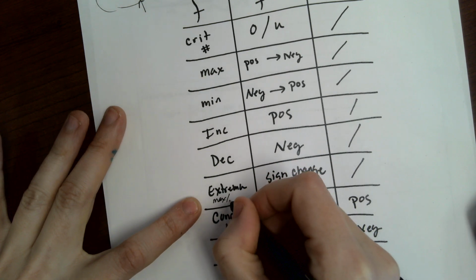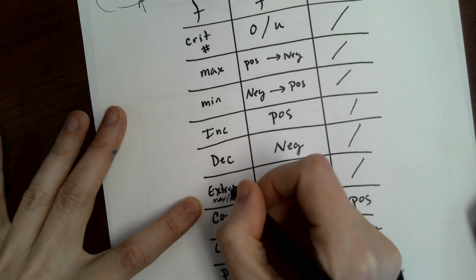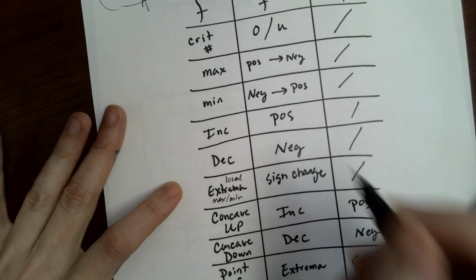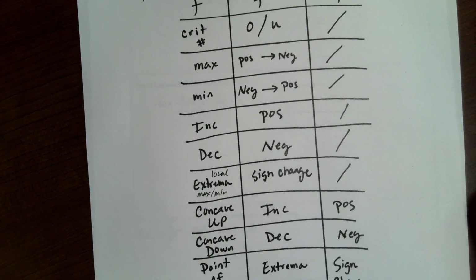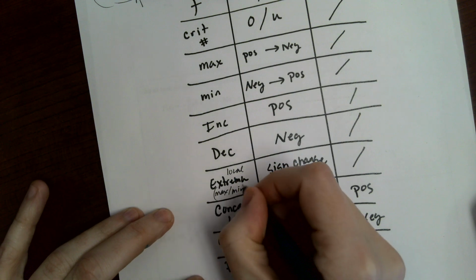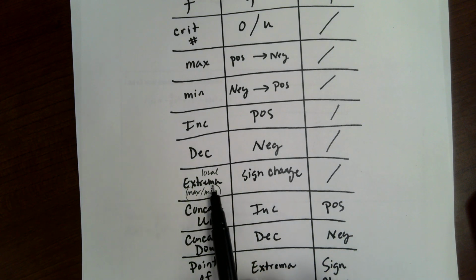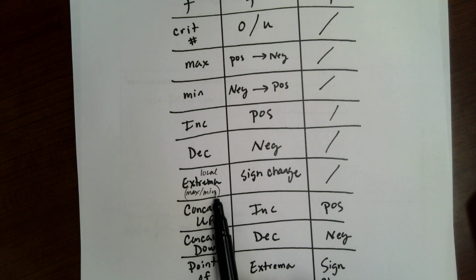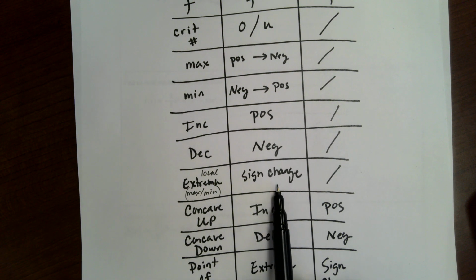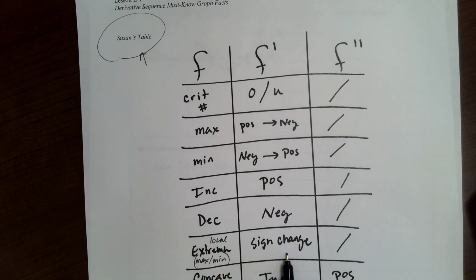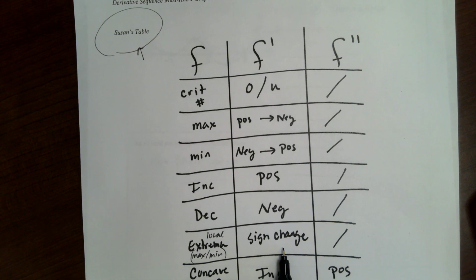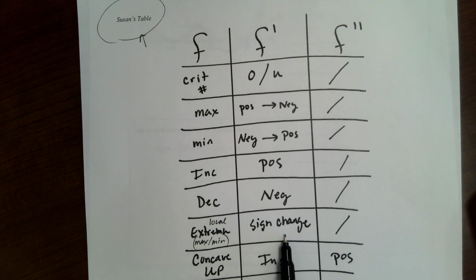And when we say extrema here, we mean local extrema. I'll draw a picture in a moment. An extrema could mean a max or a min. And if we see this on the graph of f, it would correspond to a sign change, or a crossing of the x-axis, on the graph of f prime.